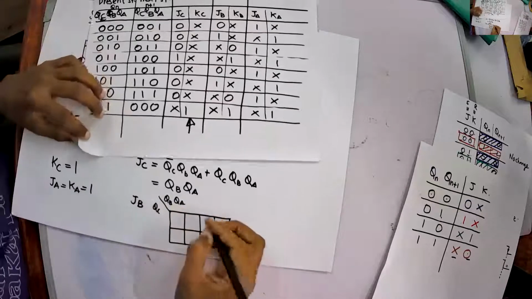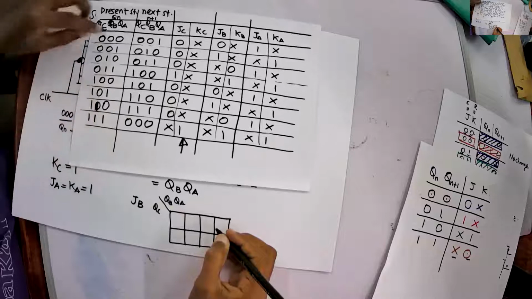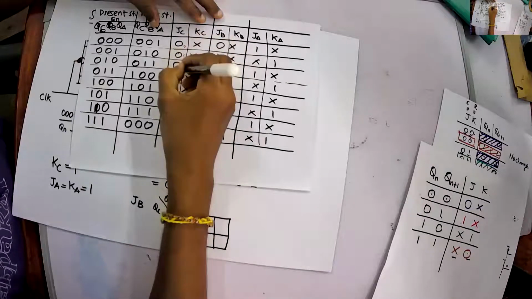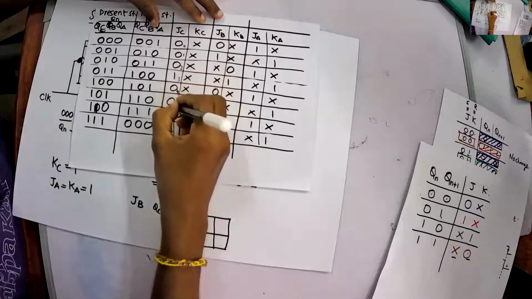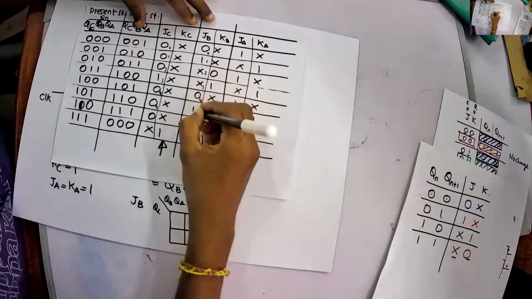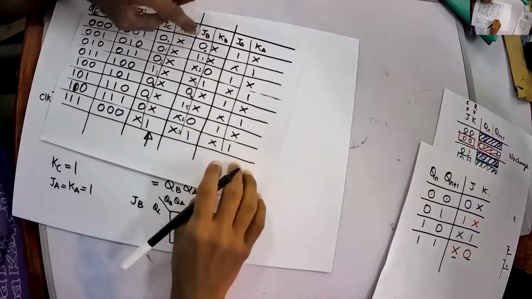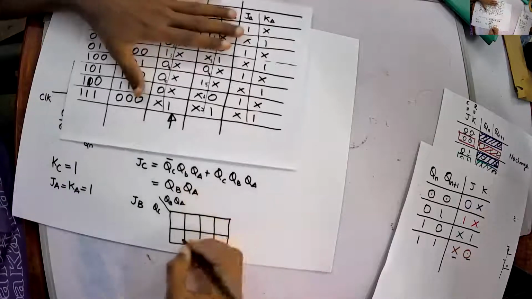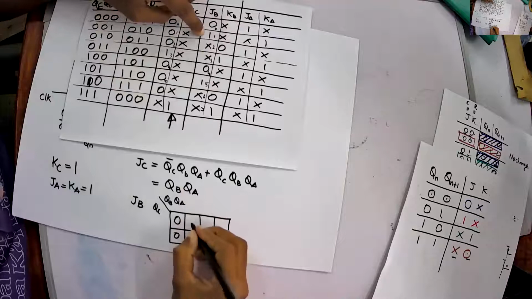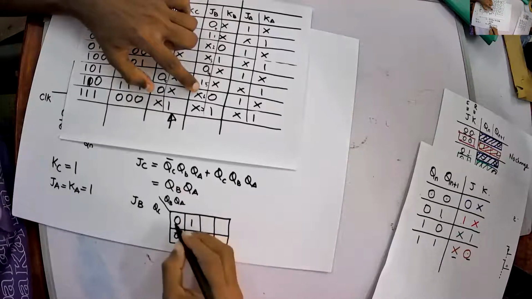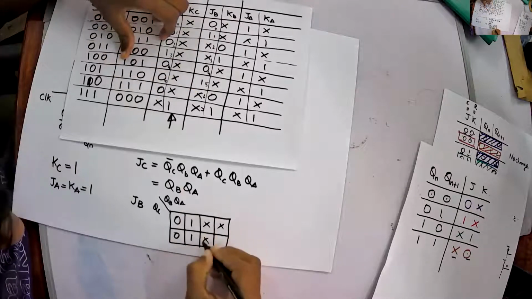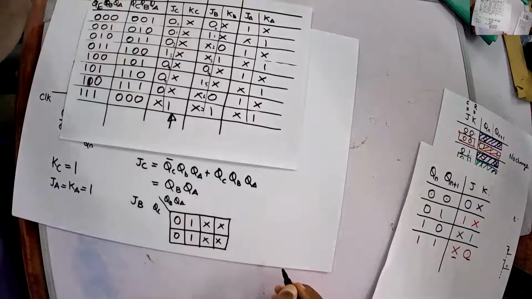QC, QB, QA, in the same order, 0, 1, 2, 3, 4, 5, 6, 7. Which means 0 and 4 are 0, and then 1 is 1, 5 is 1, and all the others are don't cares, right? All the others are don't cares.